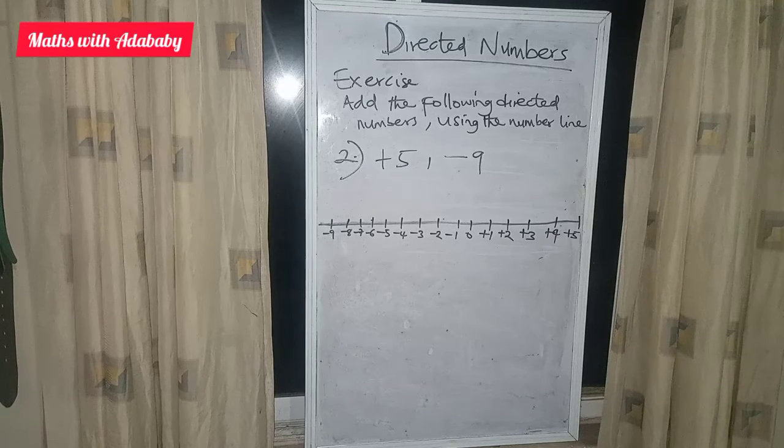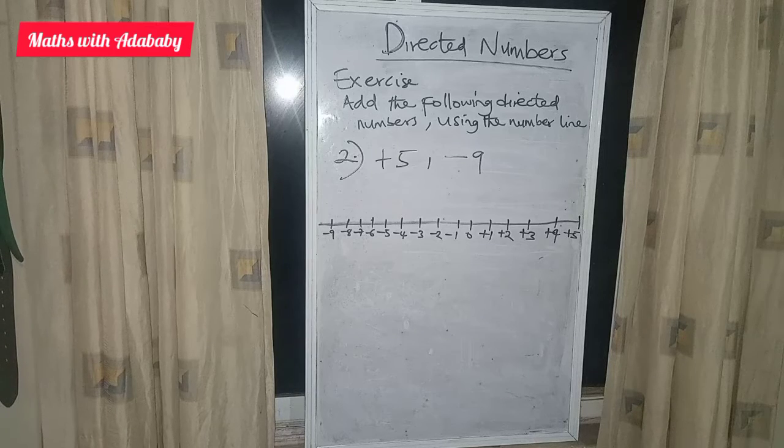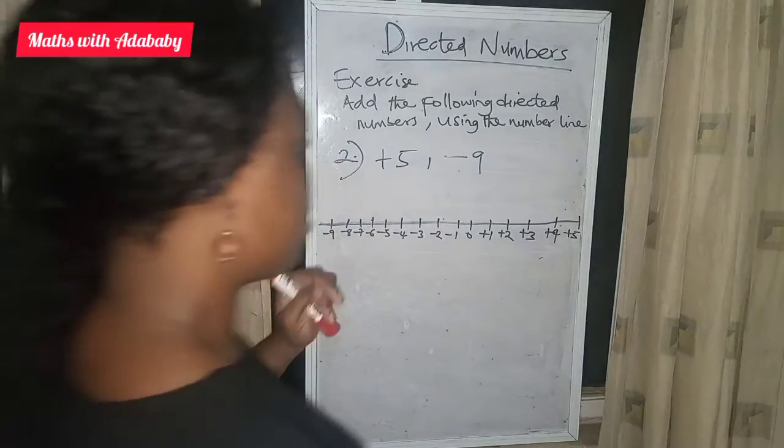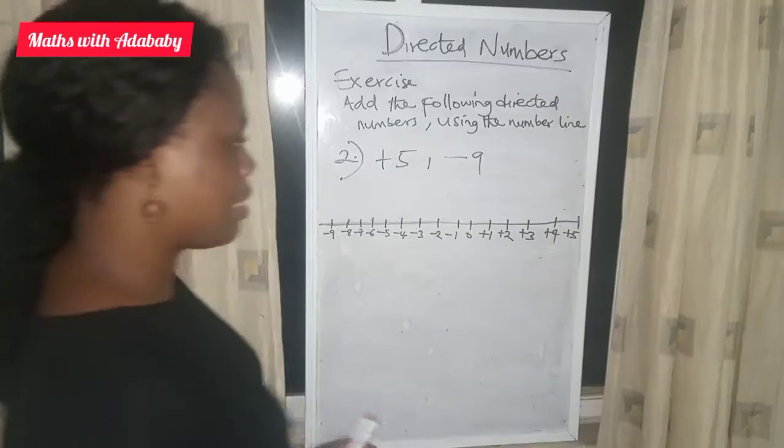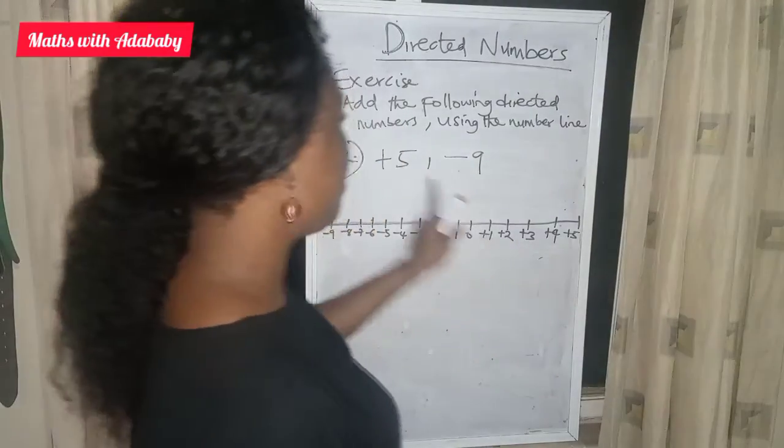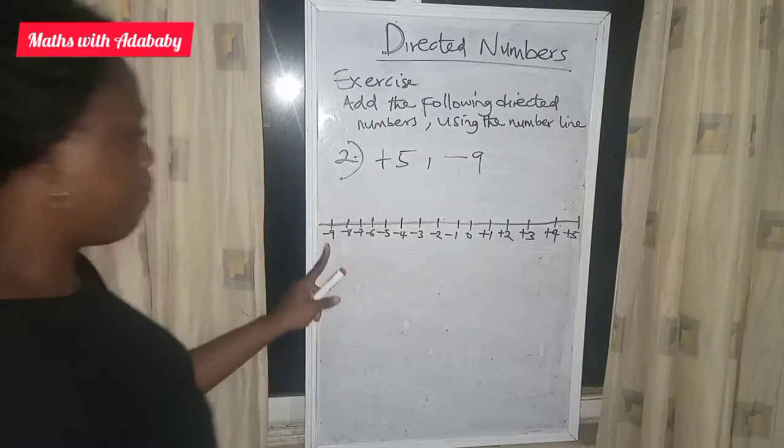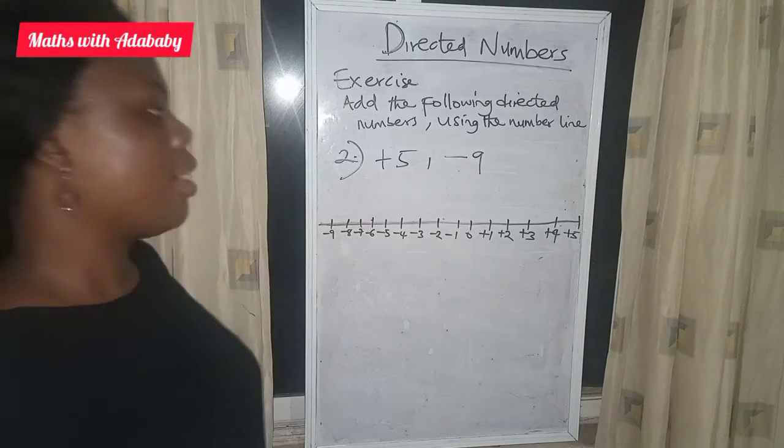So you do not have to worry about representing the lowest number when it comes to number line. You must be concerned that the highest number is shown on the number line before any other number. Now, from here we have plus 5 being the highest number in the question and minus 9 being the lowest number in the question.